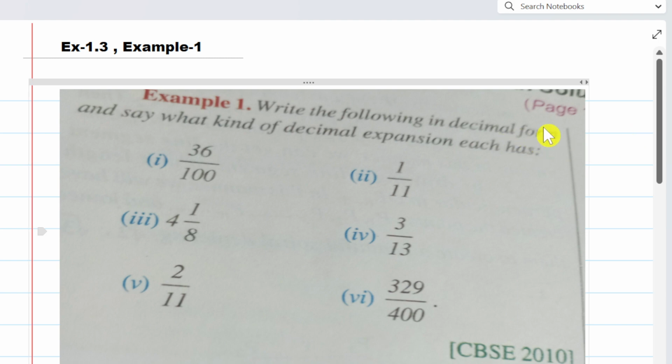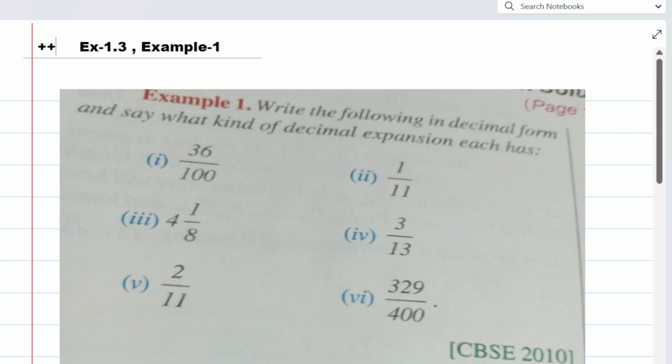Let me zoom it for you. Okay, can you see now? Write the following in decimal form and say what kind of decimal expansion each has.